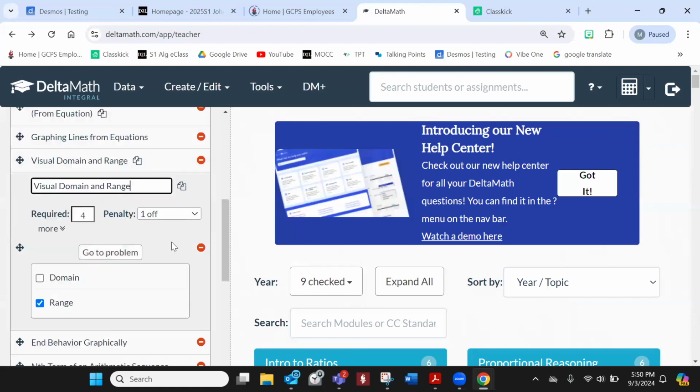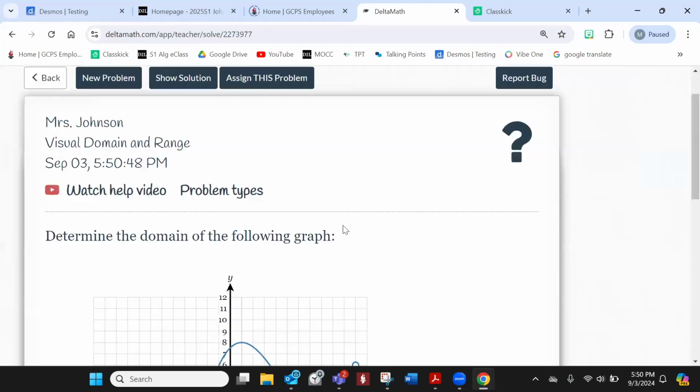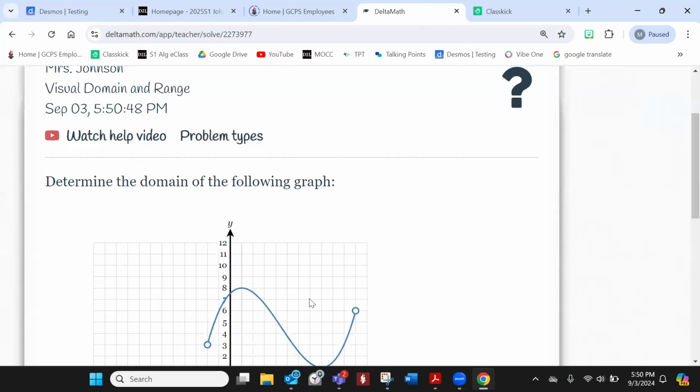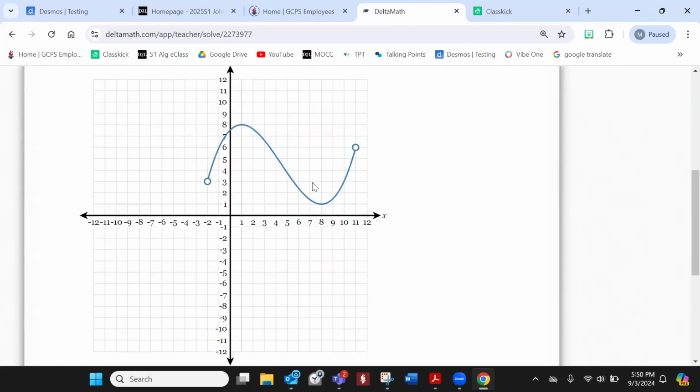Let's do range real quick. If you look at this one, remember, range is from bottom to top. So now we're looking at all the possible y values. It starts at the bottom at 1.